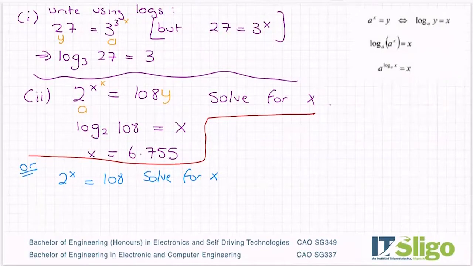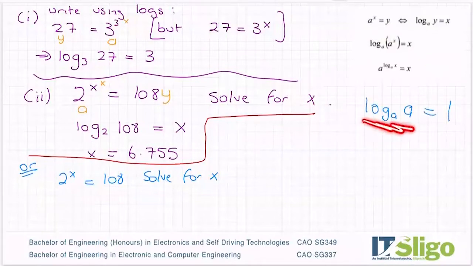Okay, so how do they work? Well, when you have something to a power, and you get the log of that with the same base, these cancel, because log to the base a of a is equal to 1.